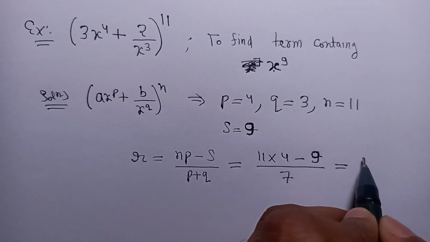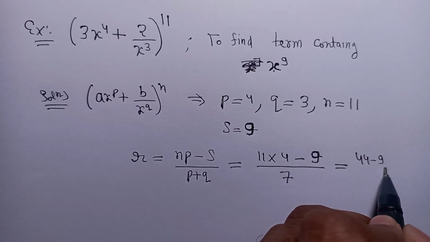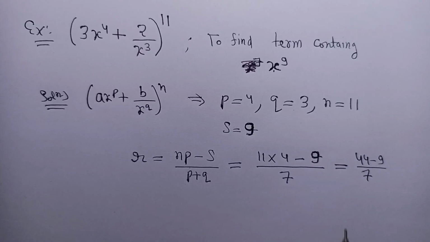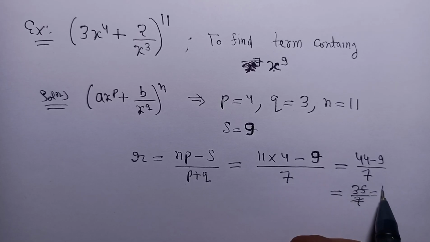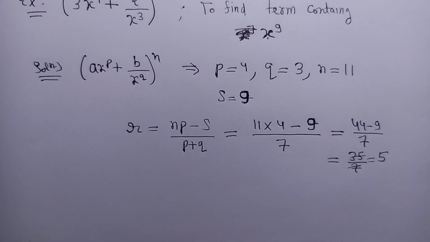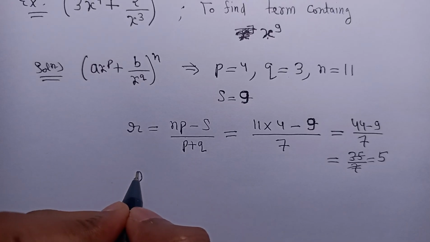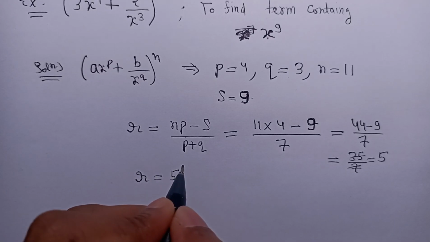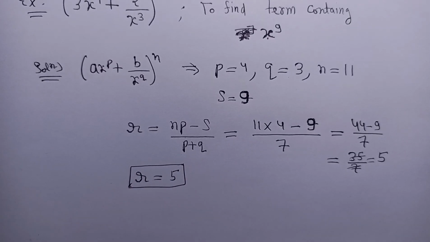Okay, so 44 minus 9 divided by 7. So what you get, 44 minus 9 is 35 divided by 7, this is cancelling, you will get 5. So your r value is equal to 5.